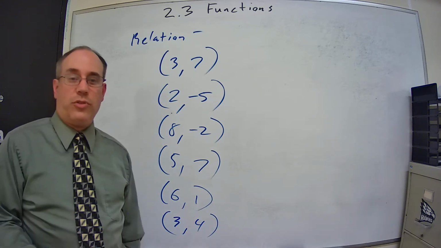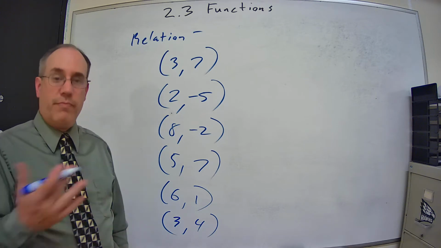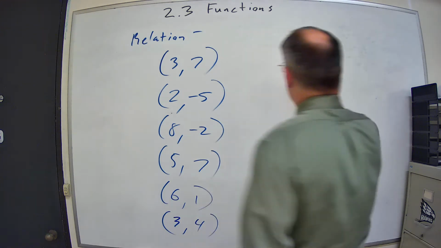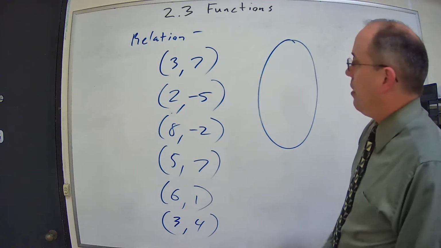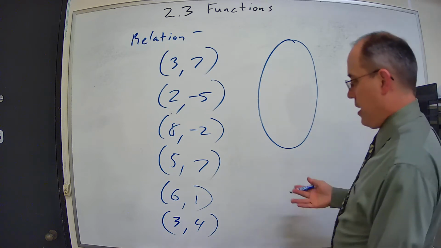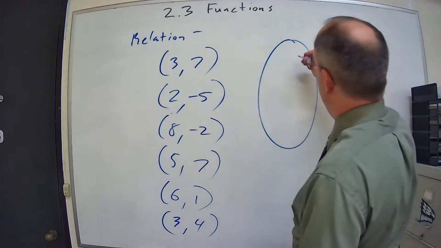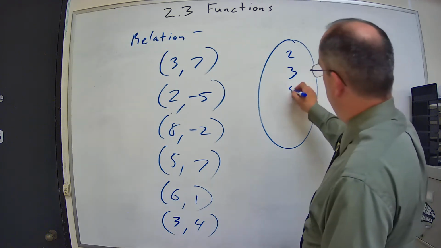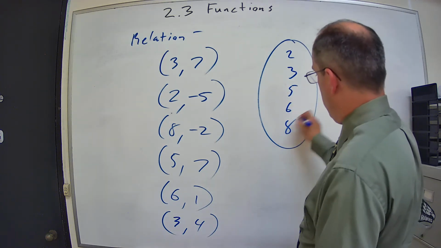Now I could actually show this relationship visually by doing something like this. I could put my x values or my inputs in here, and I can just say I've got a 2, 3, 5, 6, and 8.